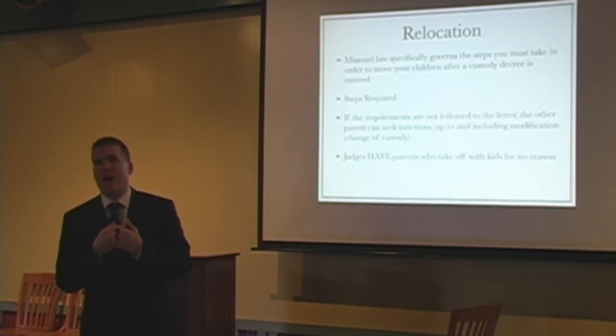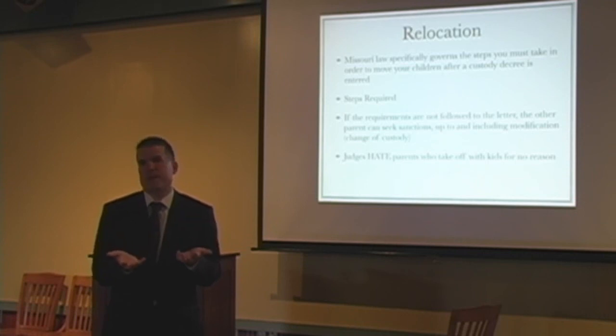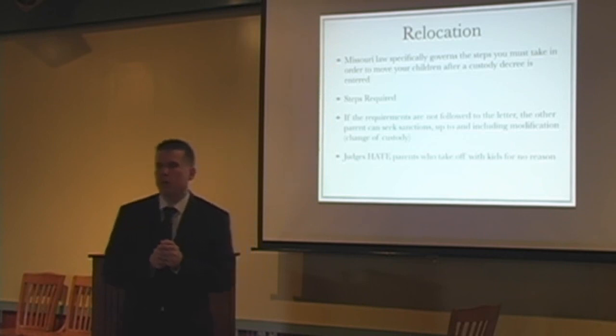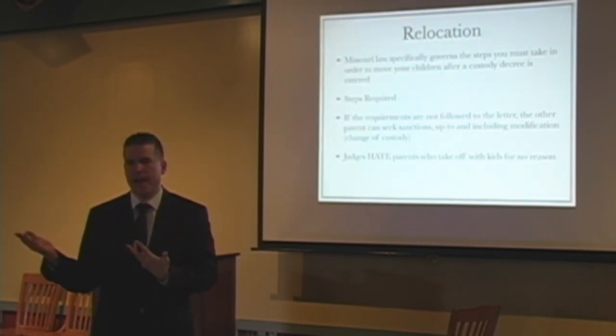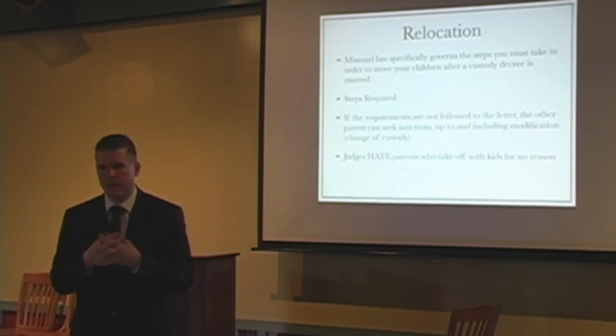The other party is allowed to file an objection to that relocation, and if they do, then you're back in court. And essentially you're in a modification at that point, because there's no real difference between a modification of a custody decree and a hearing about relocation, because essentially what you're trying to do is the same thing.